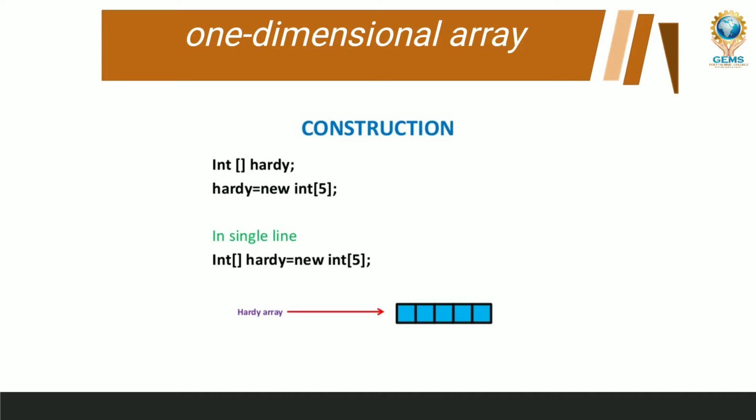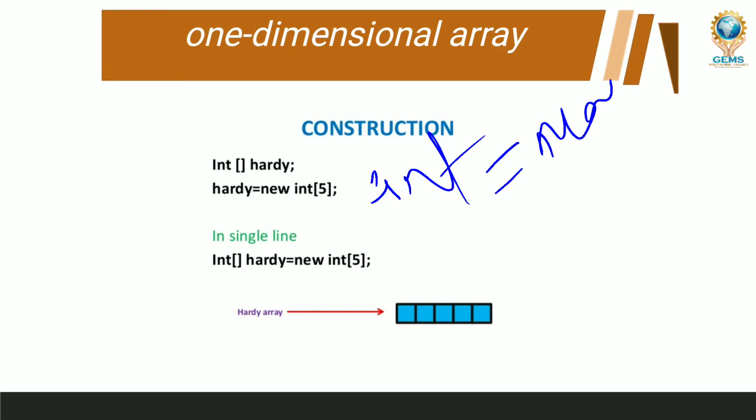So how can we construct a one-dimensional array? Simple. What I taught in previous video lectures, the same thing I will talk about here. First, I am declaring a one dimensional array. First we are seeing one dimensional array construction.